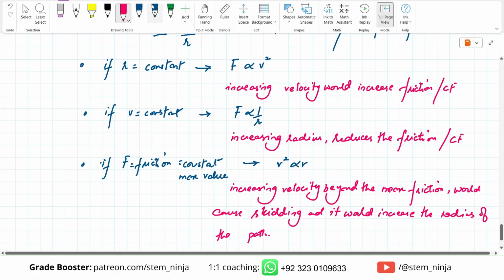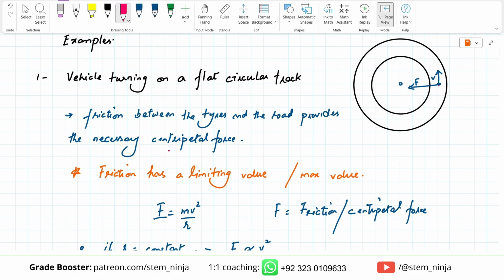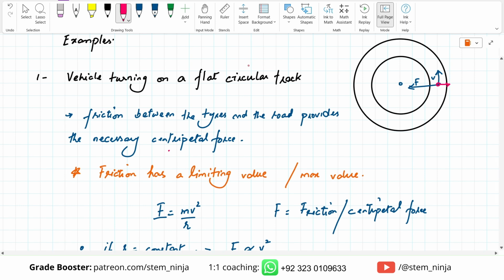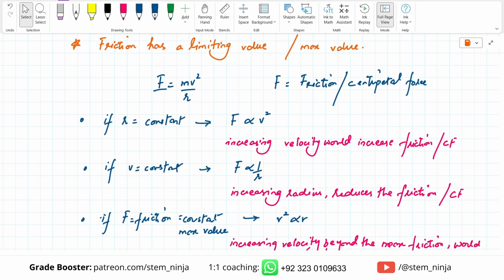So if the frictional value is maximum and we still want to increase the velocity, the vehicle will slightly skid towards the higher radius. This is what the math is telling us would happen.